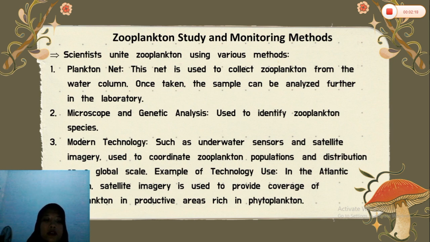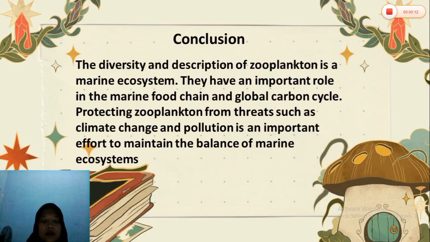And number three, modern technology such as underwater sensors and satellite imagery used to monitor zooplankton population and distribution on a global scale. Example of technology used in Atlantic Ocean. Satellite imagery is used to provide coverage of zooplankton in productive areas rich in phytoplankton.